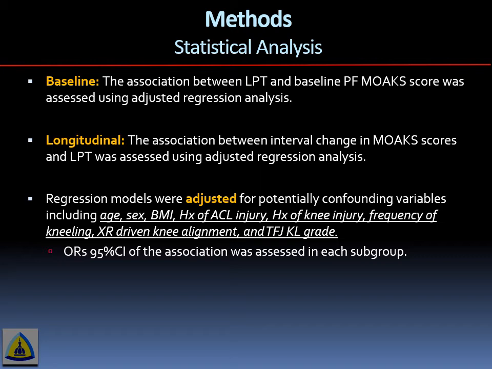Worsening of MOAKS score was defined as any change in each of them over 24 months, as described earlier. All regression models were adjusted for confounding variables including age, sex, BMI, history of ACL injury, history of knee injury, frequency of kneeling, X-ray-derived knee alignment, and tibiofemoral joint KL grade.